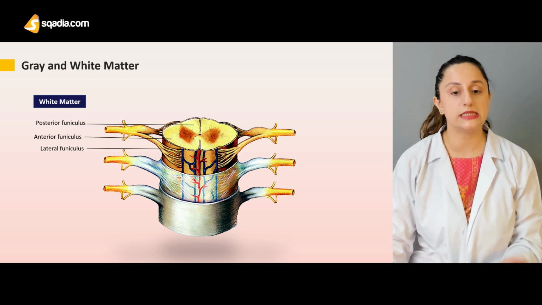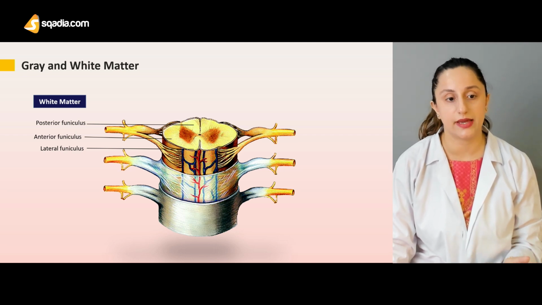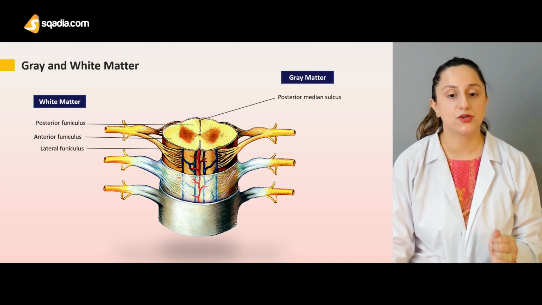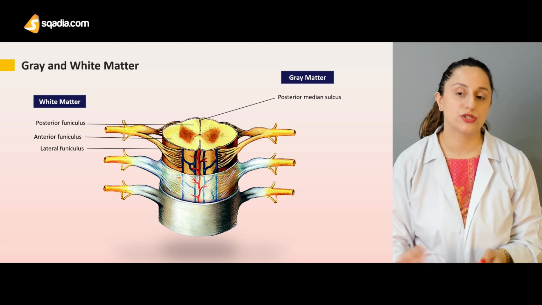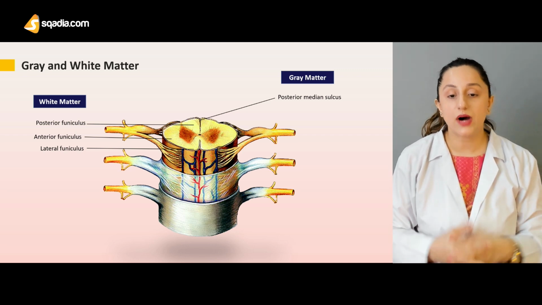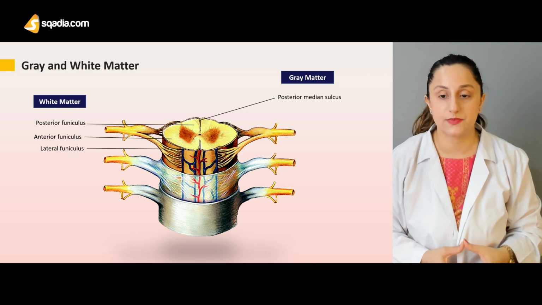So depending upon the location, anteriorly, posteriorly, or laterally, we have these three funiculi in the white matter. On the other hand, the gray matter is organized in a butterfly-shaped manner, and it is more centrally located in the spinal cord.